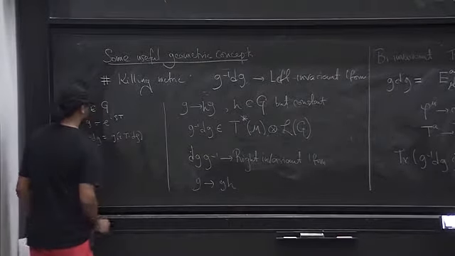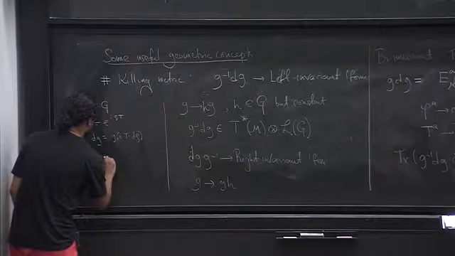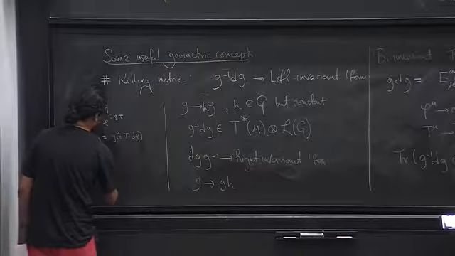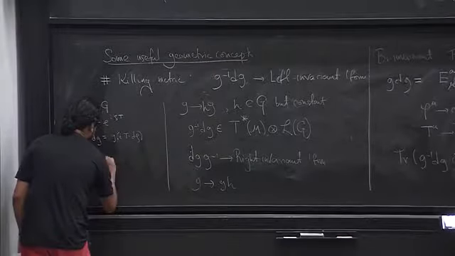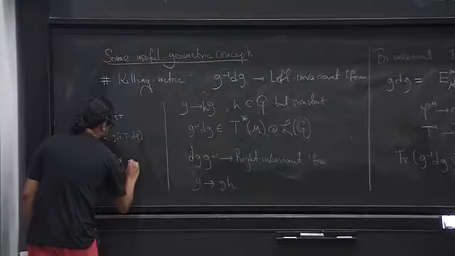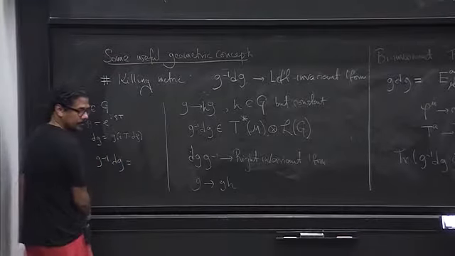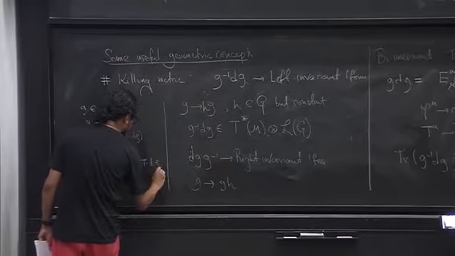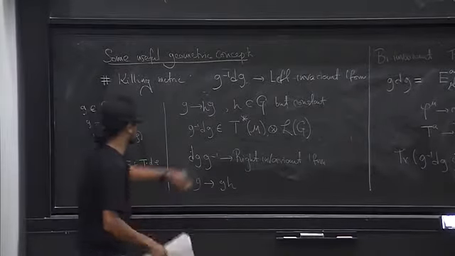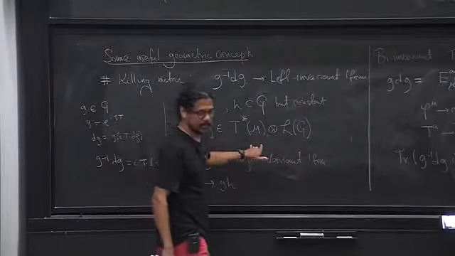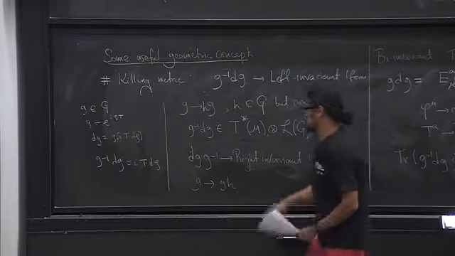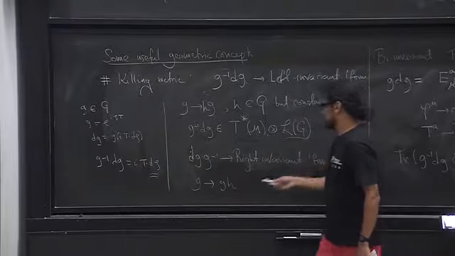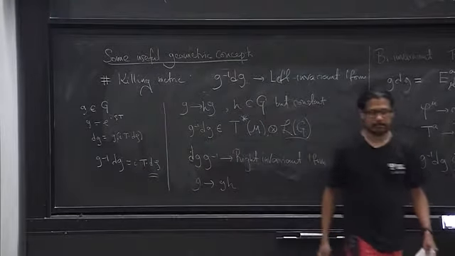So now G inverse will be given by, well, now if I multiply, this guy goes away, and what I'm left with is t dot. Right. So this is the statement that this is in the cotangent bundle, which is given by this guy. Okay. And this is the Lie algebra, which is given by this guy. Okay.